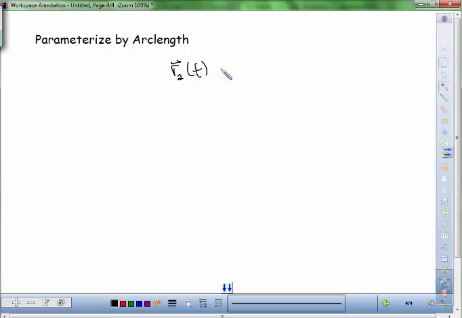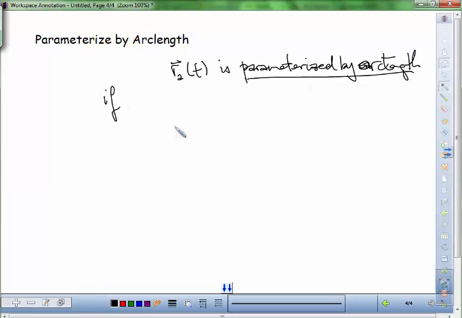Let's use T. So R sub A of T is parameterized by arc length if, I think it's the integral from a to s.